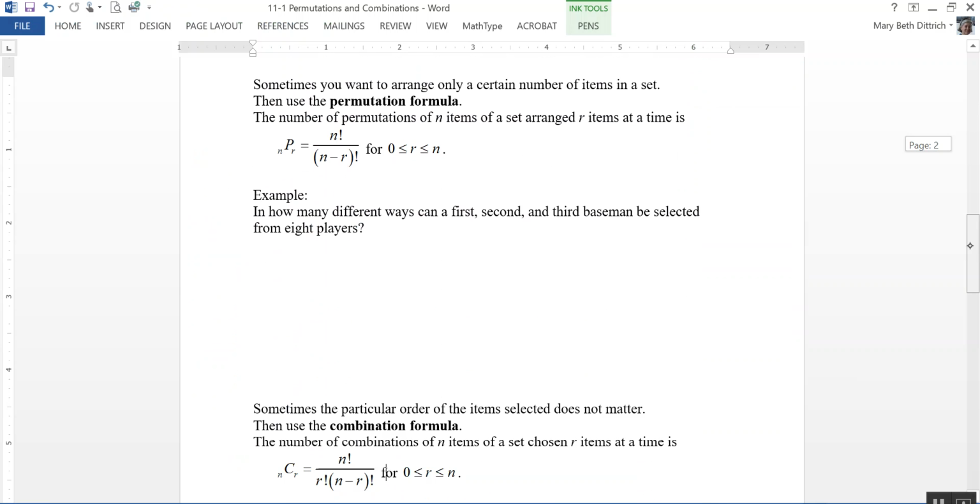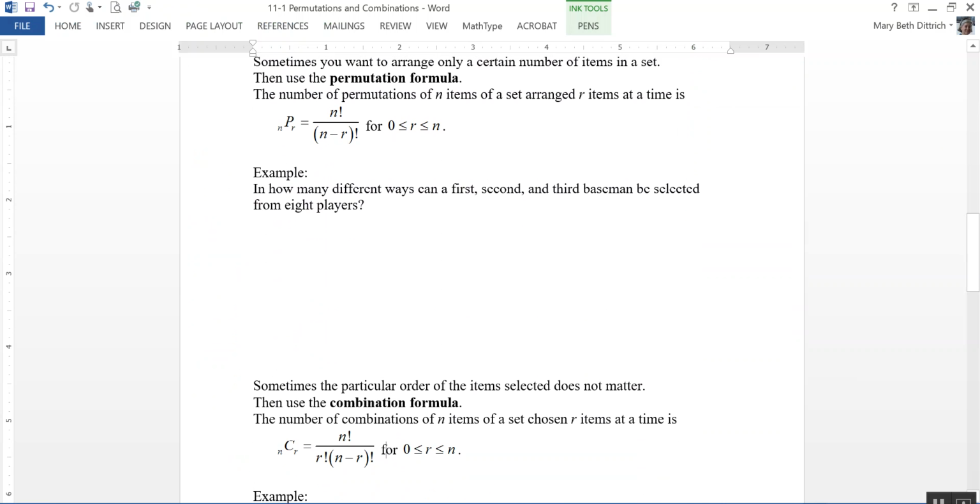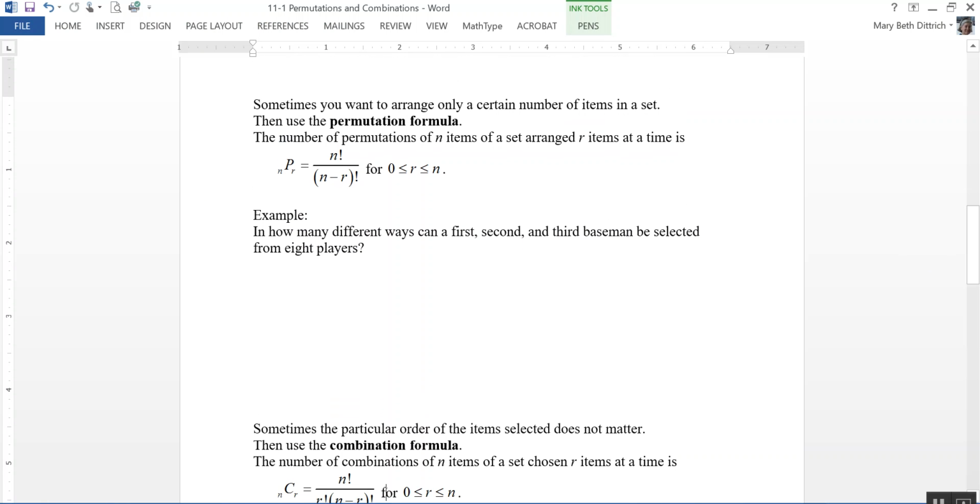Sometimes you want to arrange only a certain number of items in a set. So I may have 7 teddy bears, but I only want to arrange 5 of them. Then we're going to use the permutation formula. And that says that the number of permutations of n items of a set arranged r items at a time is written like this: a subscript n, an uppercase printed P, followed by a subscript r.